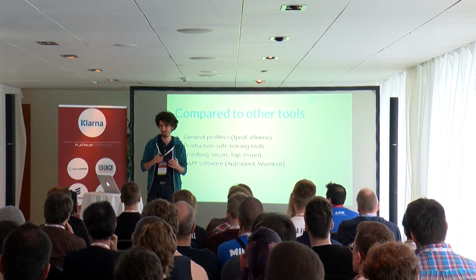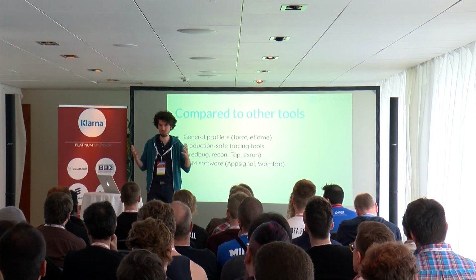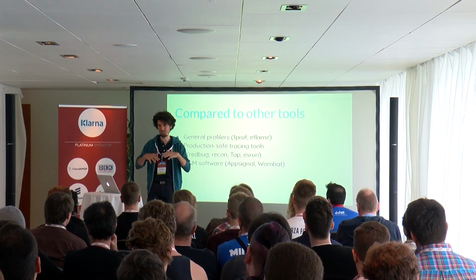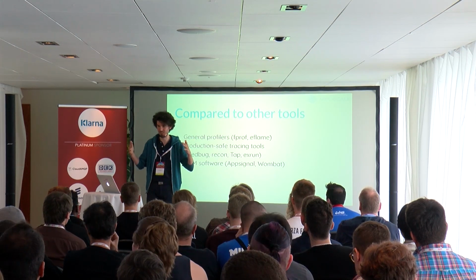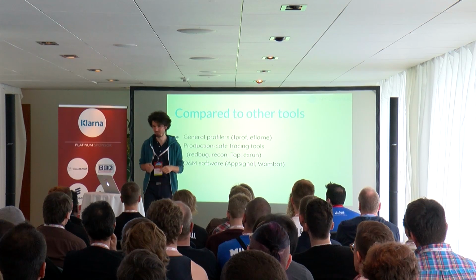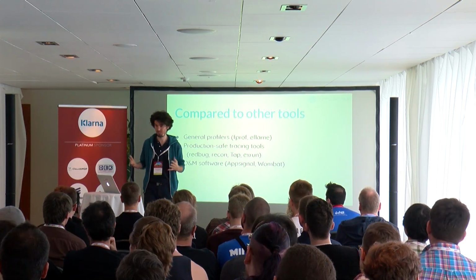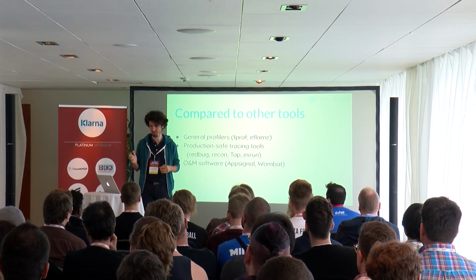You see the arguments, but you don't see the big picture. If you have hundreds of function calls, then it's good to see just the statistics and not just the text lines, so to say. And the third group is big O&M software or monitoring systems like AppSignal, Wombat.